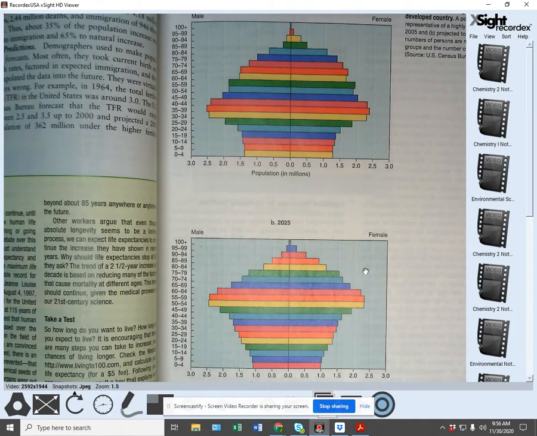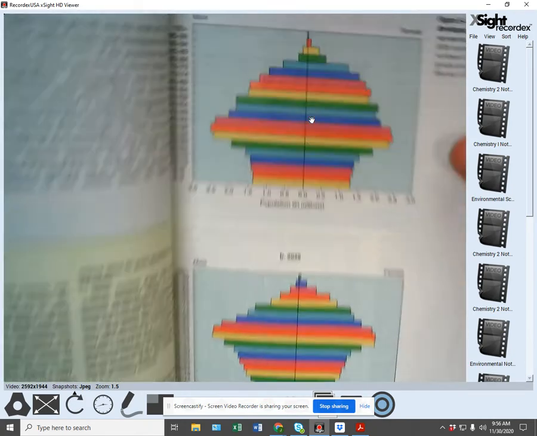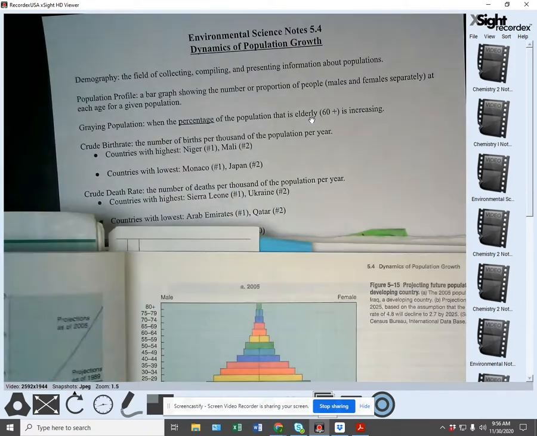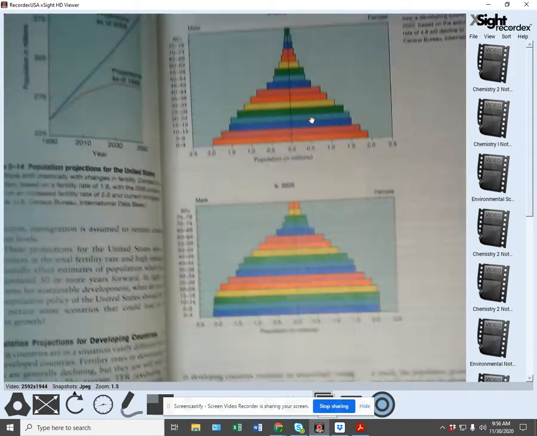This is the population profile for a graying population. It'll look kind of like an upside down triangle. Is it an inverted triangle? It kind of gets to that point. A developed country typically has the largest percentage in the mid range, that middle age. All right.